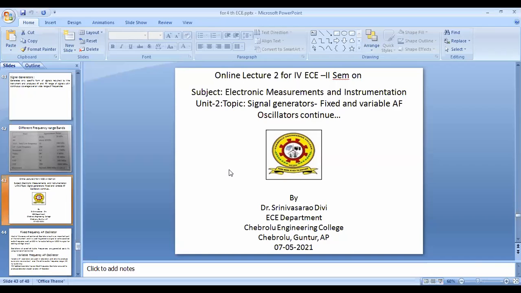We also observed the main requirements of a signal generator: it should be able to vary the frequency and voltage, the voltage should be controllable, and the produced waveform should not have any distortion. A distortion-free waveform should be produced.